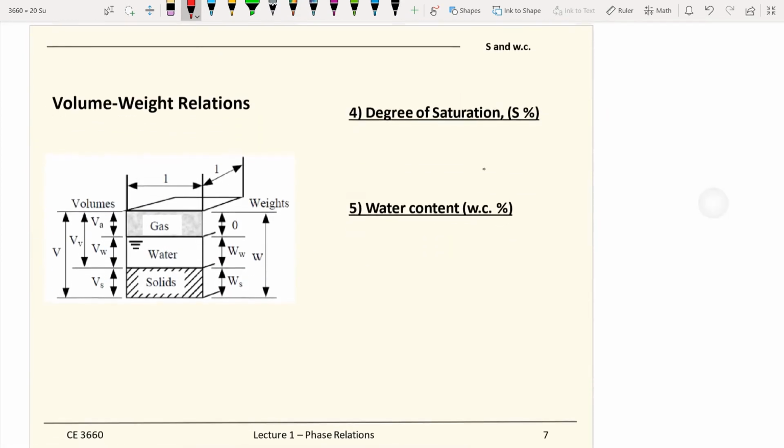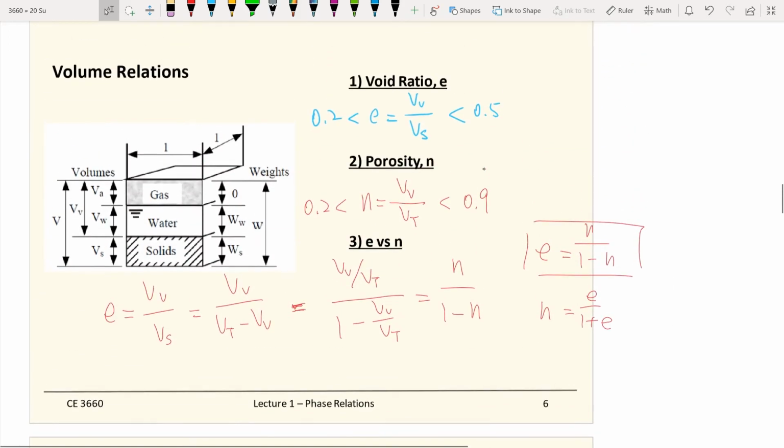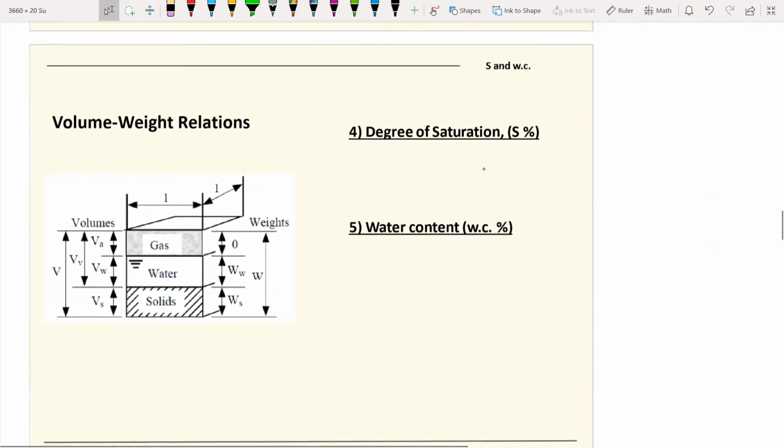More terminology now relates to water. The previous ones that we just talked about, both the void ratio and porosity, are related to the void. Now we talk about the water part: the terminology for saturation and also water content.